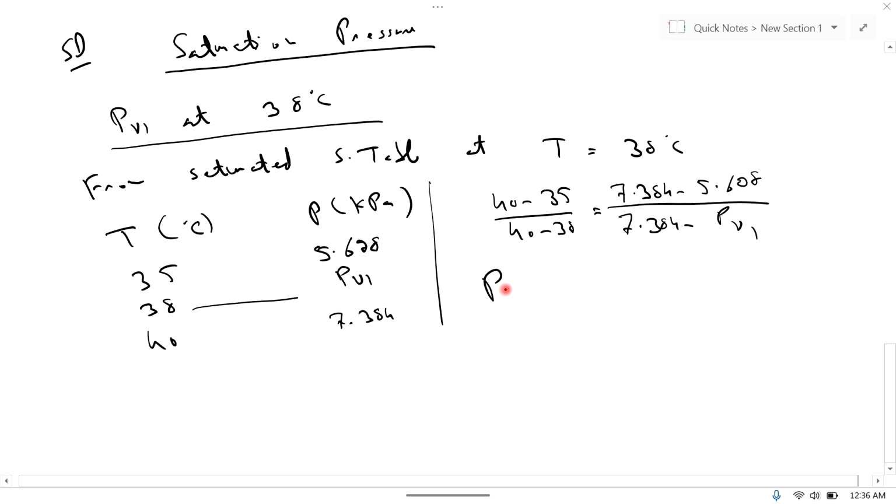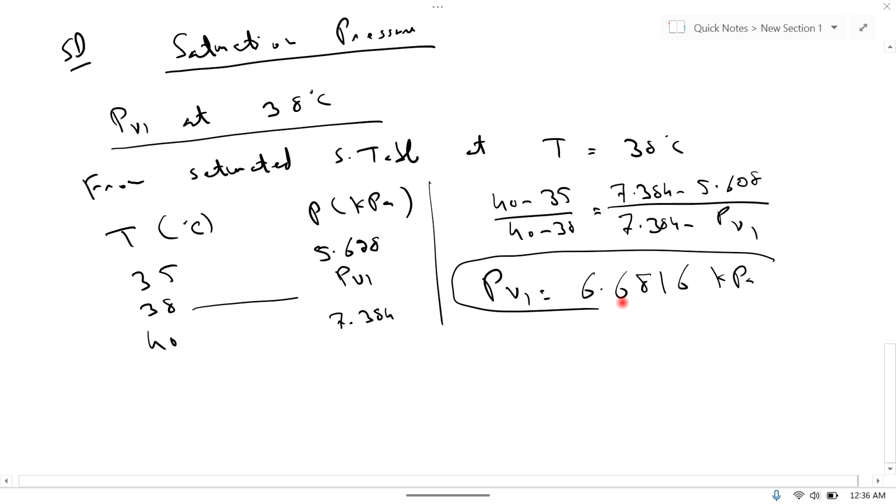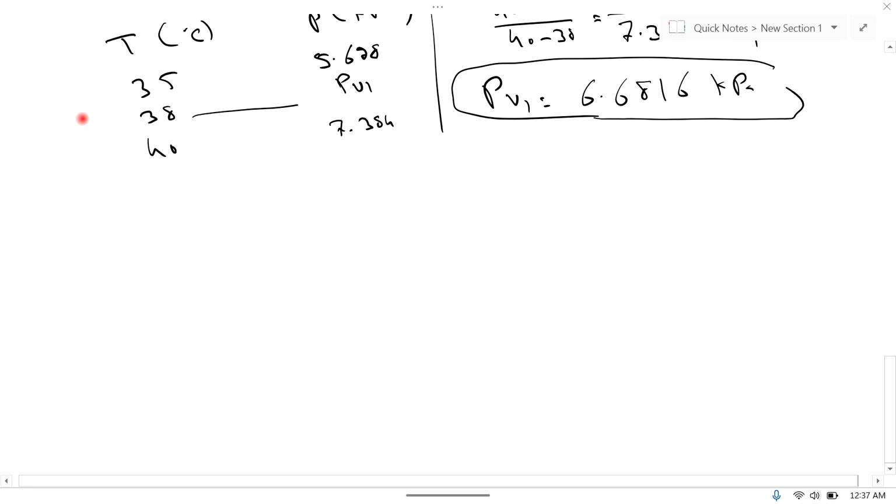So simplify this and find PV1, which is equal to 6.6816 kilopascal. This is PV1 at 38 degrees centigrade. Similarly, find PV2 at 26.7 degrees centigrade.